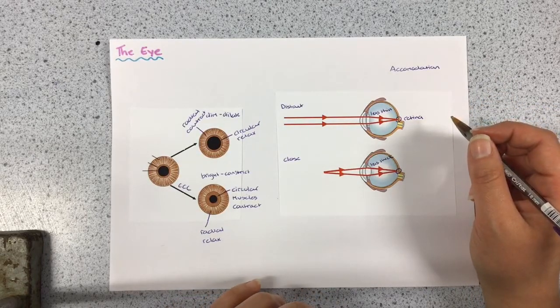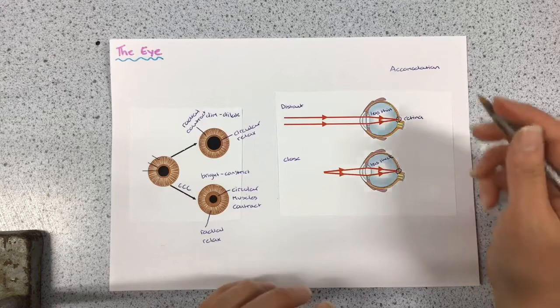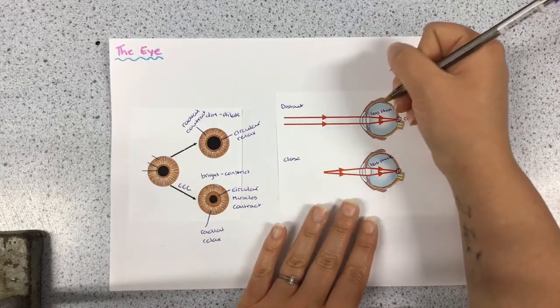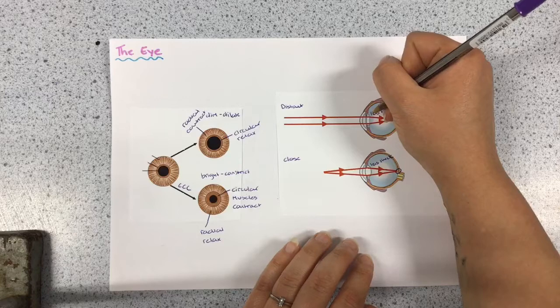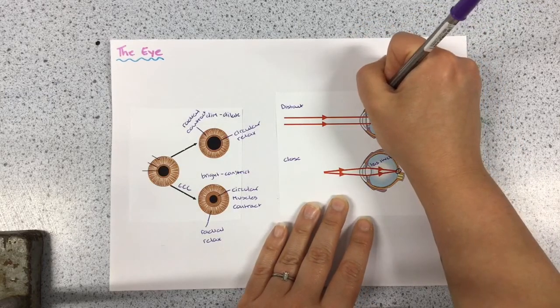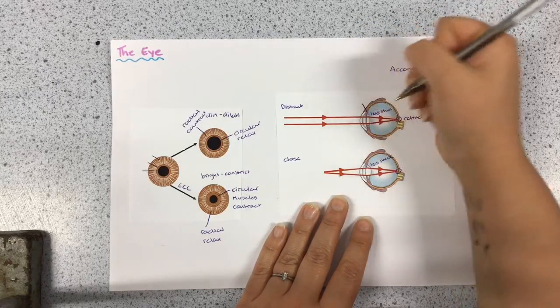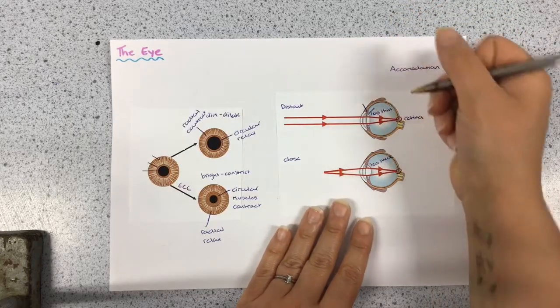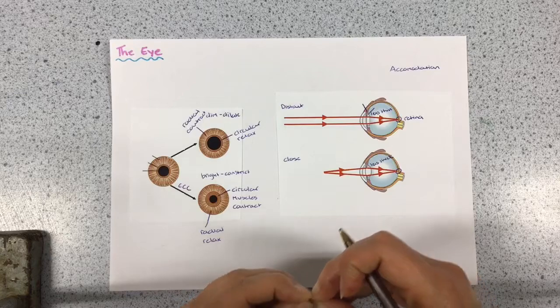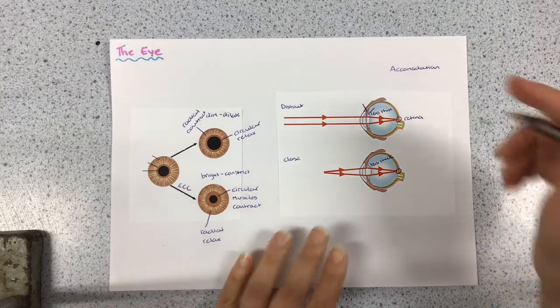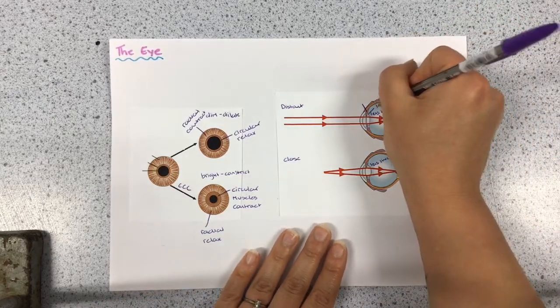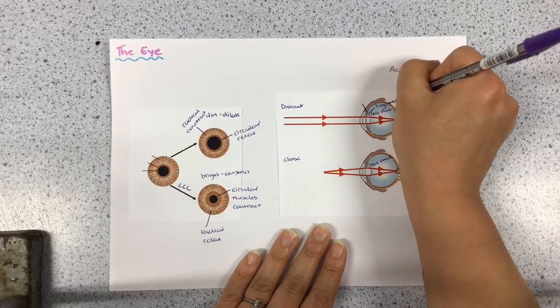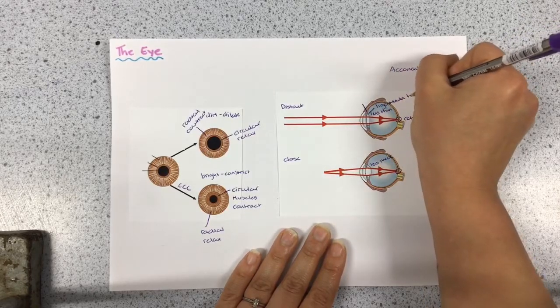And in this one, it's the absolute opposite of what you would think. You've got muscles and you've got ligaments, okay? So if you want your lens to be thin, we've got the ciliary muscles and we've got the ligaments. The ligaments tighten.